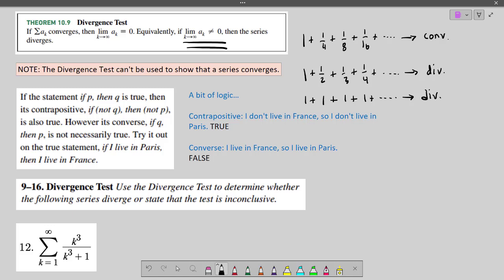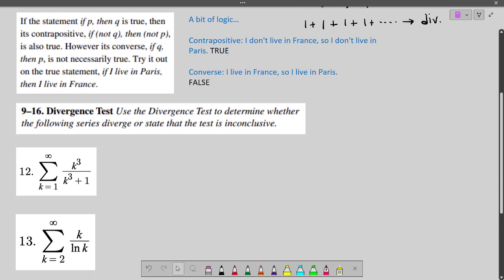So this is a quick little limit question. We look at the a sub k, like if we look at this a sub k, the limit of this a sub k is 0. If k goes to infinity, we get 0 minus 0, so that's 0. So that tells us that this series might converge. We look at this series down here, we take the limit. What is the limit of the a sub k here? 1, because we have equal powers.